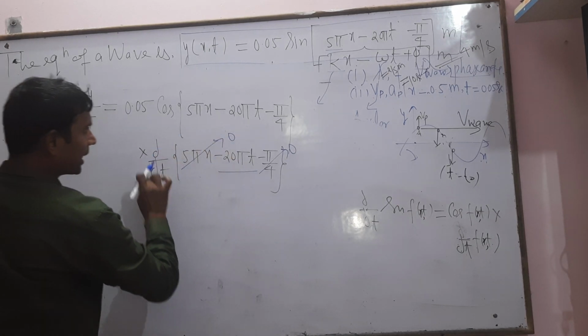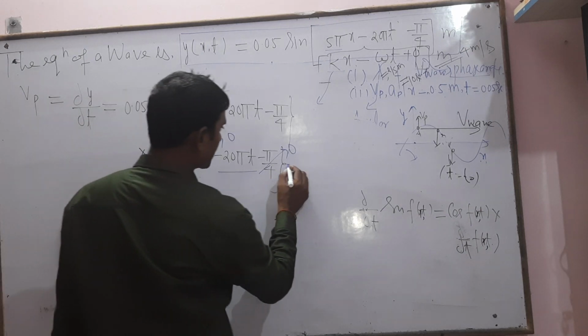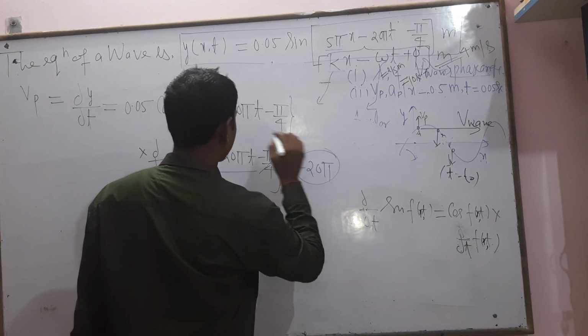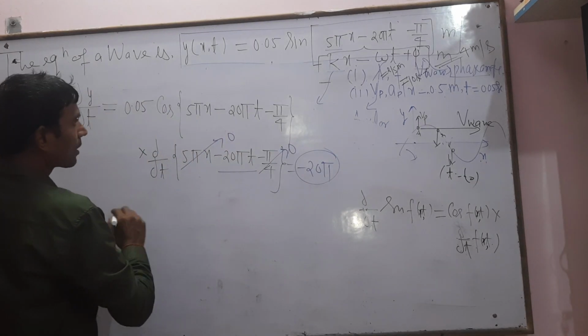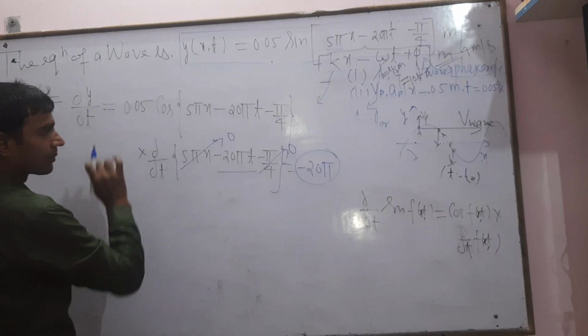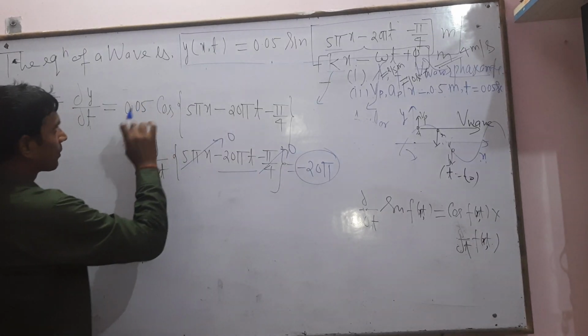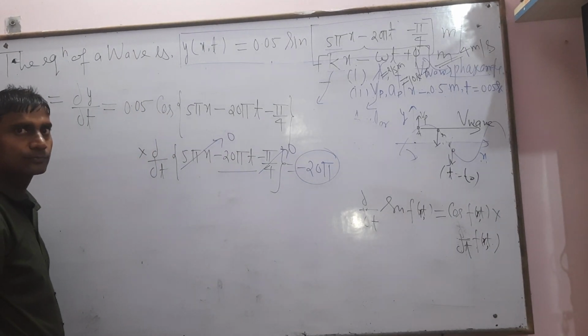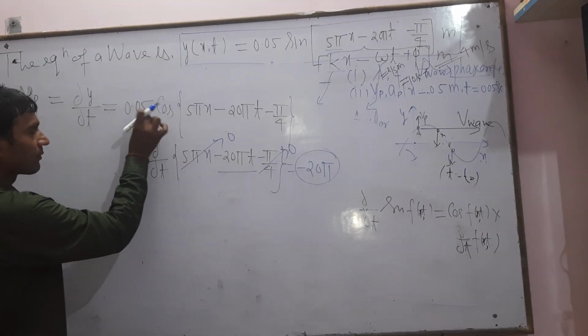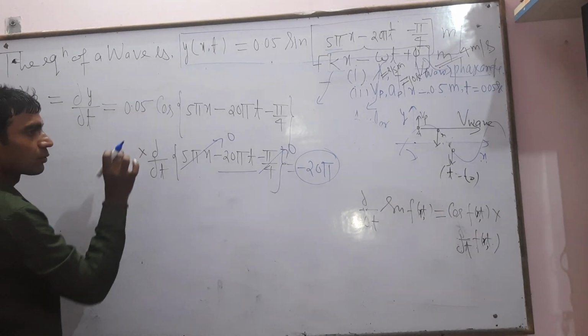So in place of that number we write minus 20 into pi, and 20 into 0.05: 20 into 5 equals 100, and the decimal point moves two places from the right, giving 1.00.